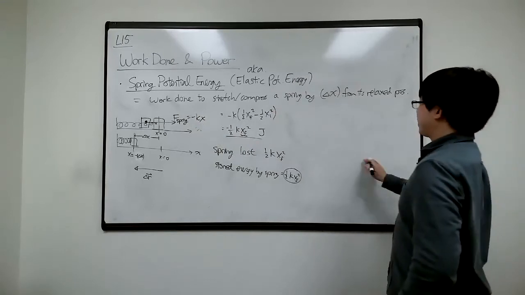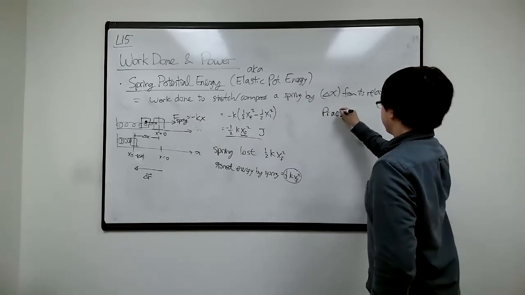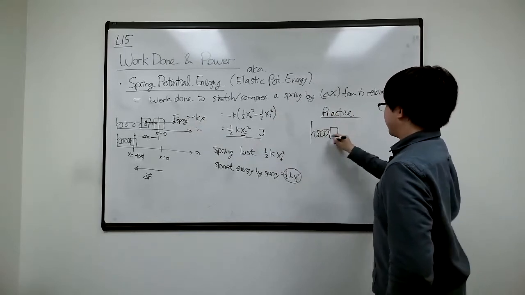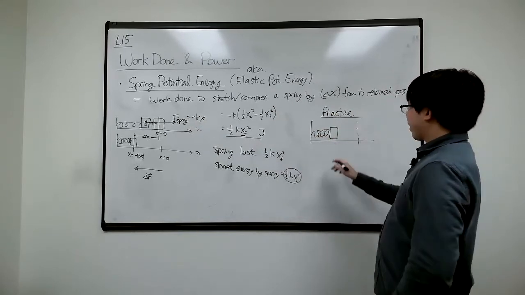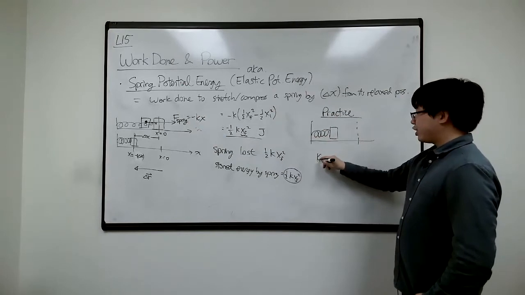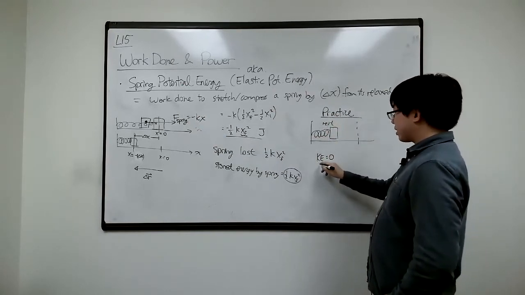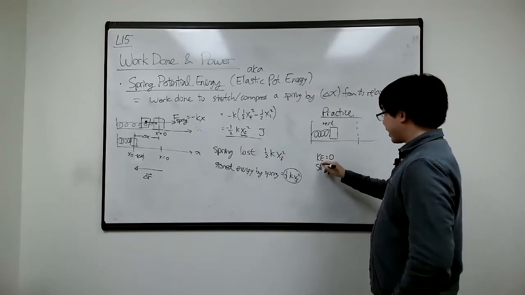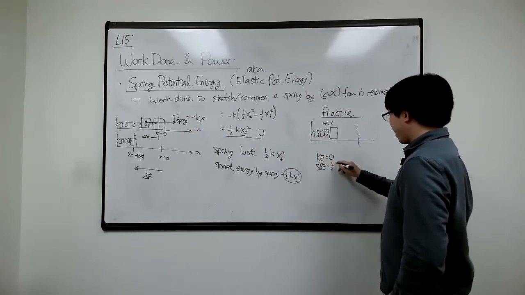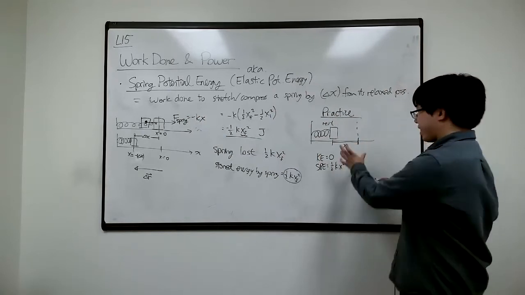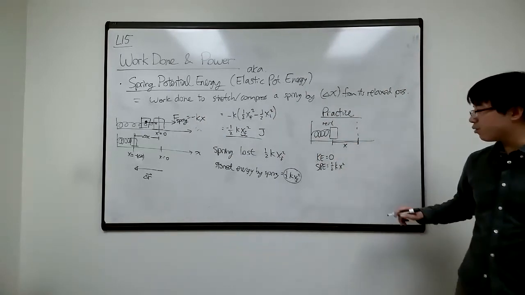So in practice, if I have something that is compressed, what is the kinetic energy over here? Let's say it's 0, I release it at rest. And what's the spring potential energy here? It's 1/2 k, let's say this is x, x squared, so you can write delta x or x either way.